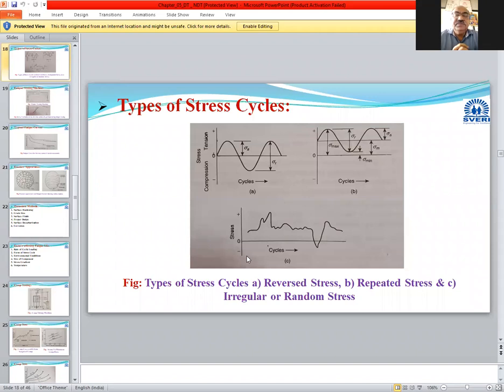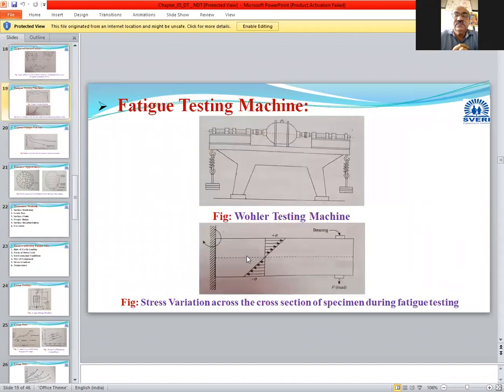Now next, fatigue testing machines you can see here. The load is applied on both sides, with the component in the middle. It is rotating under the applied load. In this machine, the Moore's testing machine, the stress variation across the cross section of the specimen during fatigue testing is shown.